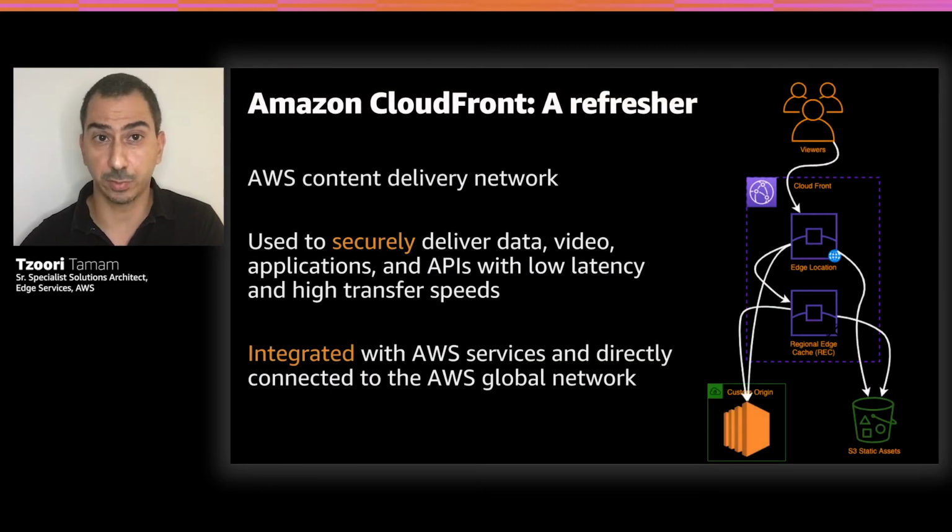So just as a quick refresher, CloudFront is our CDN service, our content distribution network service. It's built out of edge locations spread out globally, really close to where your users might be.